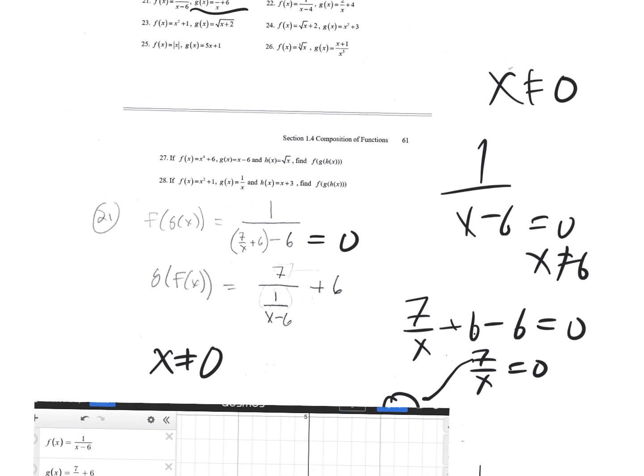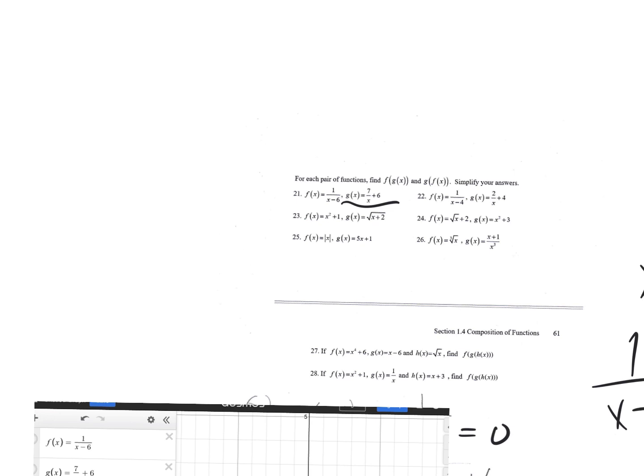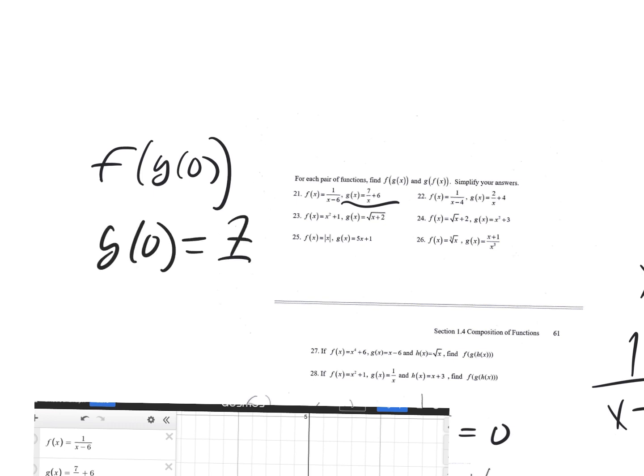If I were to treat these separately, let's look back up here at number 21 again. If I asked you to find f of g of 0, and I wasn't looking at that composite function, I was just looking at the original functions, g of 0 is equal to 7 over 0 plus 6. I can't divide by 0.